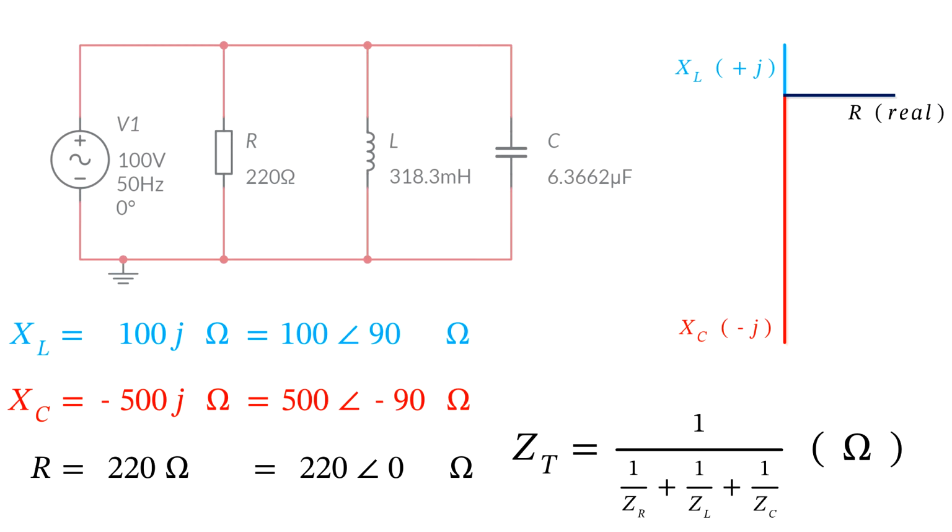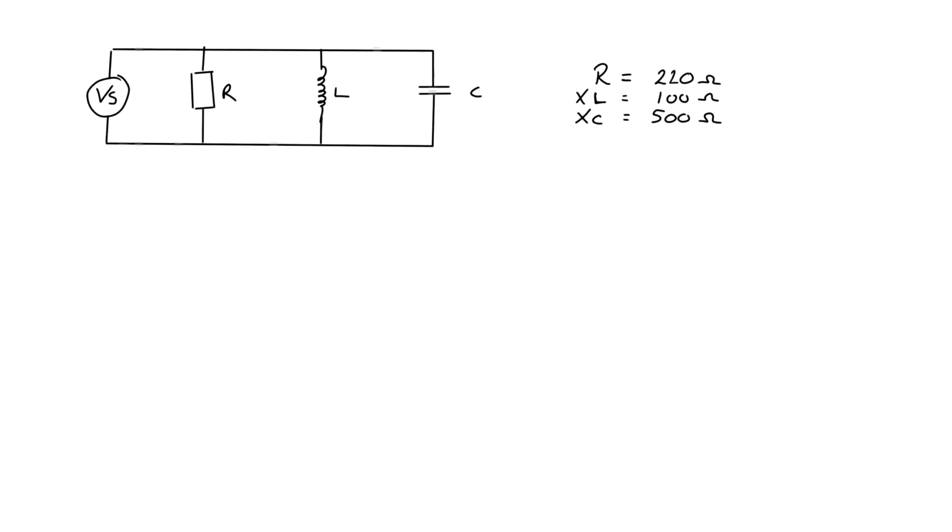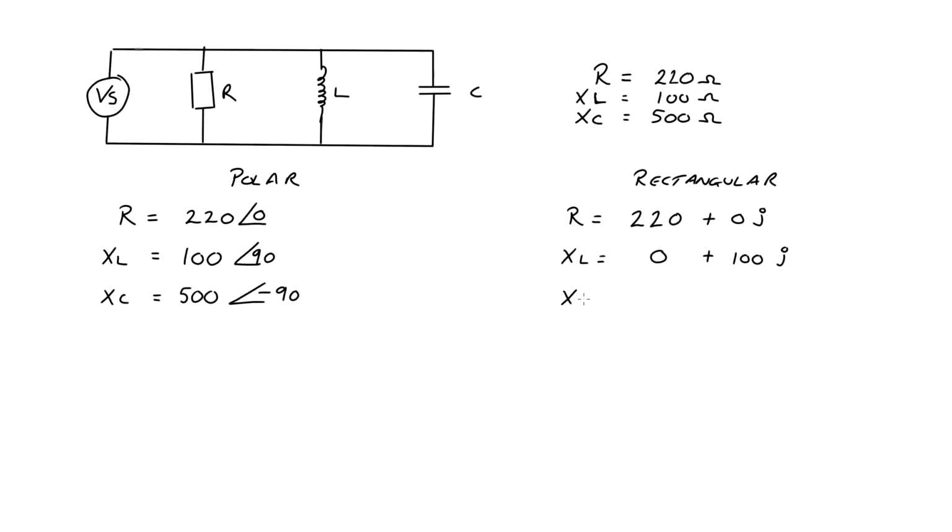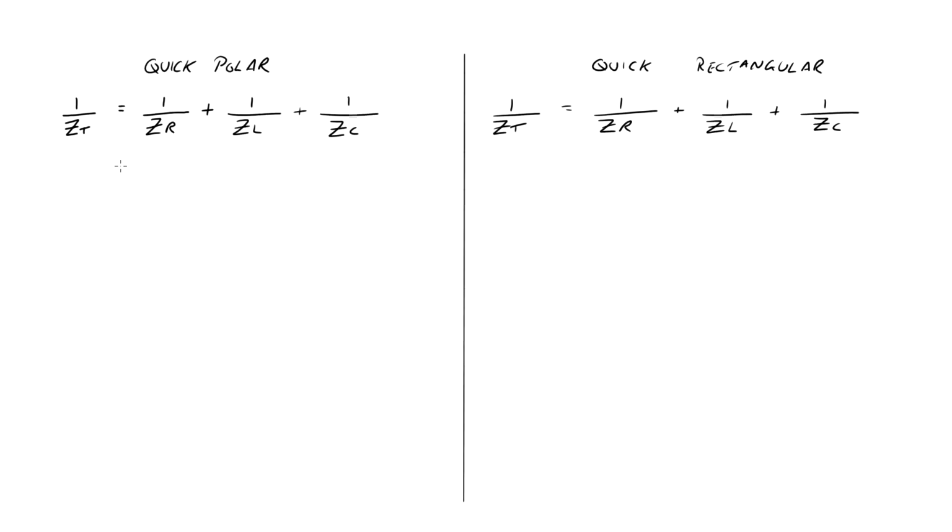We add them together, then we take the reciprocal of that to get the total impedance. And then we can find currents, and when we know currents, we can find voltages in series circuits. So a quick recap of our reactances and resistances. We're going to compare polar to rectangular form for the calculations for this circuit.